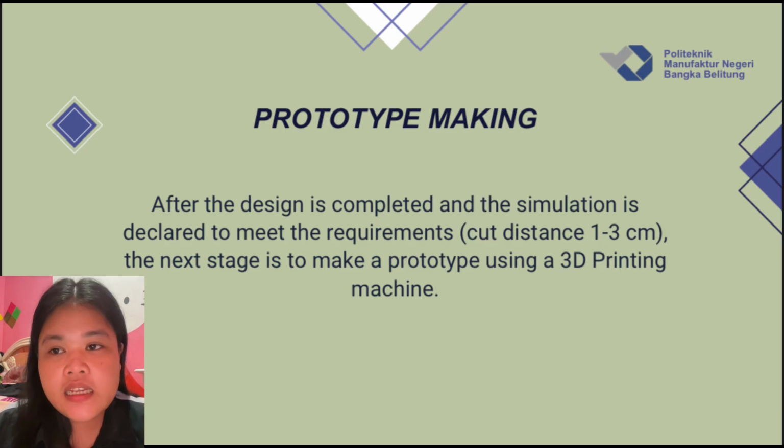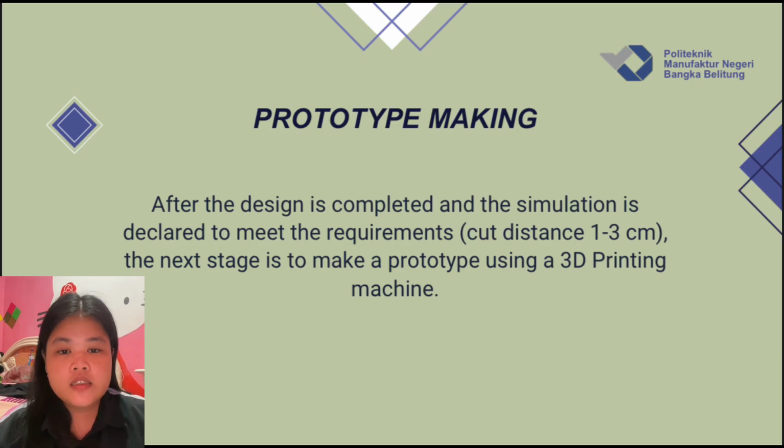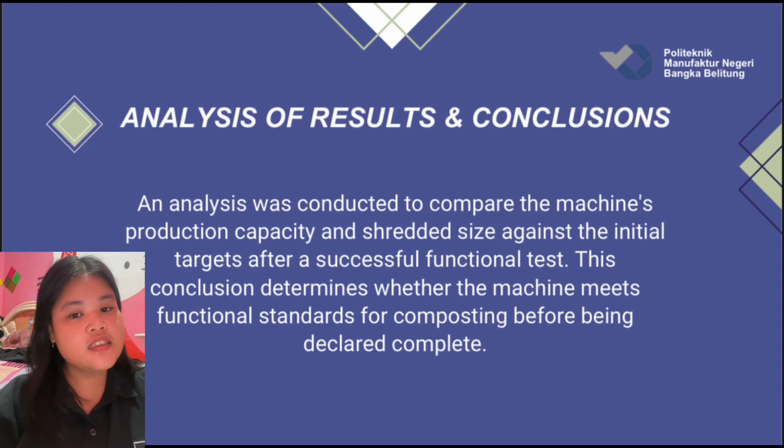After the design is completed and the simulation is declared to meet the requirements, cut distance 1 through 3 cm, the next stage is to make a prototype using a 3D printing machine. The next stage is analysis of the result and conclusion.